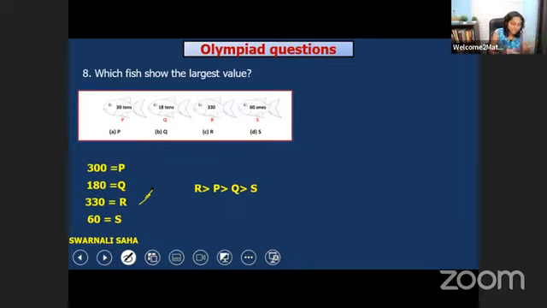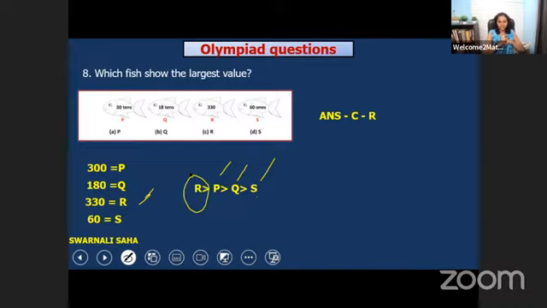R is 330. After that, P is 300. Then Q is 180 and then S is 60. So R is showing the largest value and that is 330. So our answer would be option C, that is R.